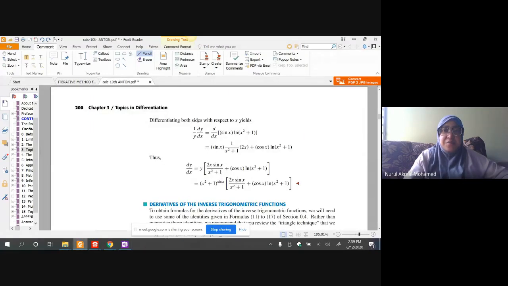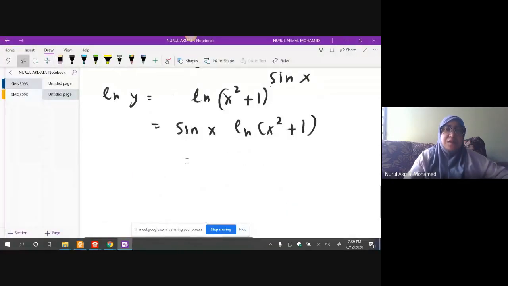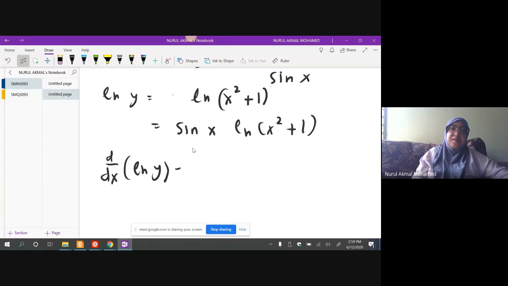Then we differentiate both sides with respect to x. It means that we use implicit differentiation. So d/dx of ln y is equal to d/dx of sine x ln of x squared plus 1.